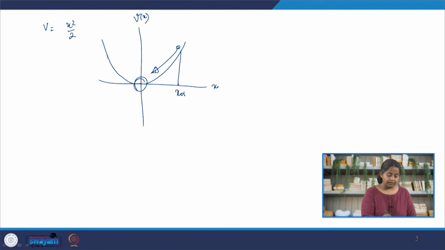If you are starting here, x naught 2, again the movement will happen towards minimizing potential. So we know that this particular fixed point is a stable fixed point. Again, we are using a geometric approach, but we are using the principle of potential.